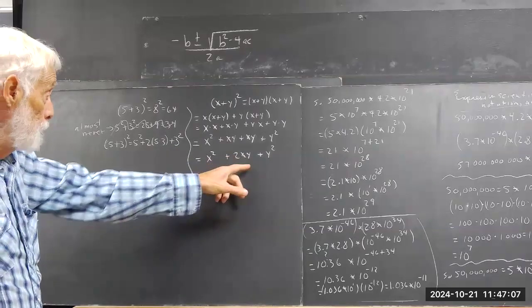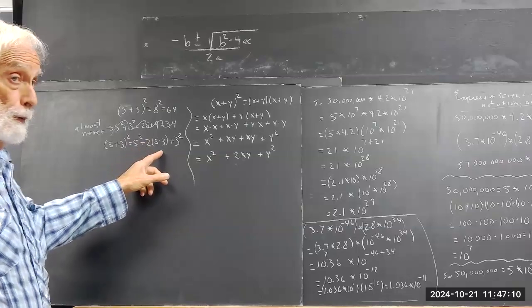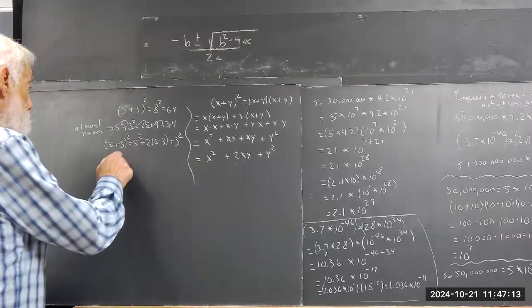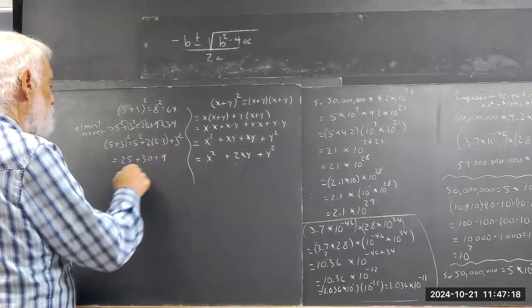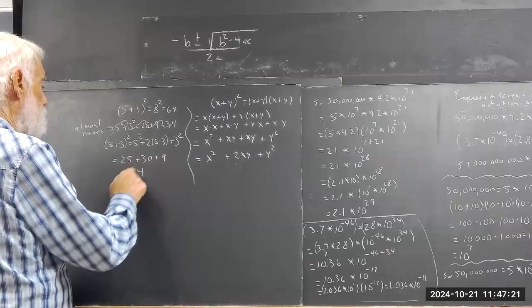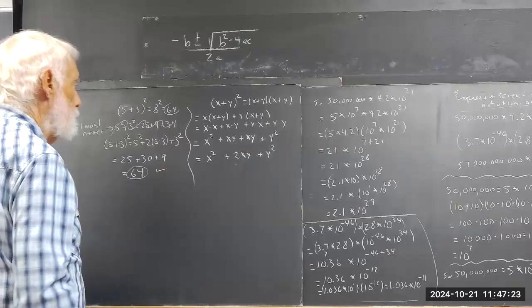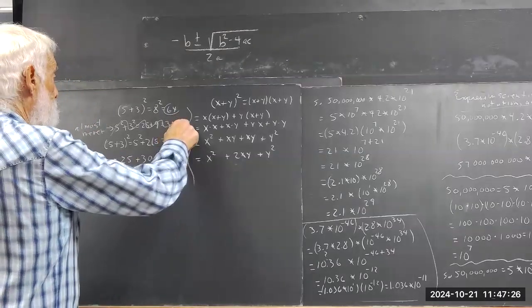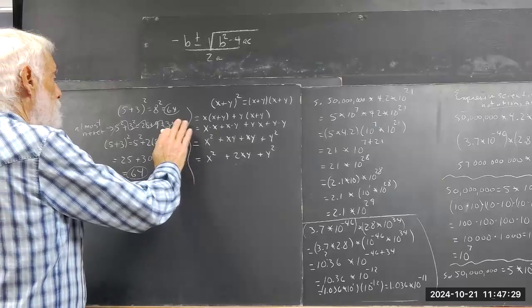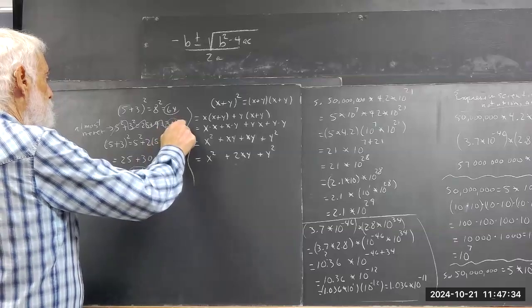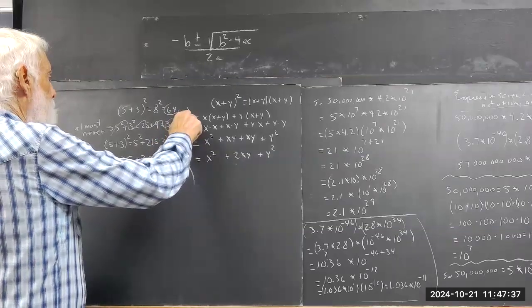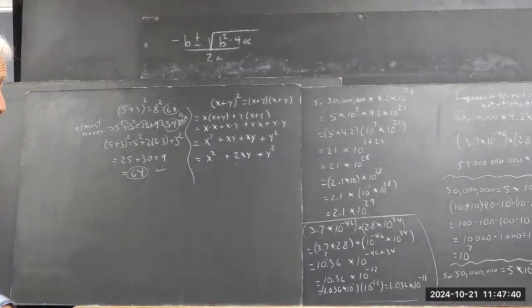But you've got this 2xy here, which is 2 times 5 times 3. If you do that, you get 25 plus 30 plus 9, and you can check that out, and it adds up to 64. That works. This doesn't. So there's a special product. Now we'll stick with this one for a minute.